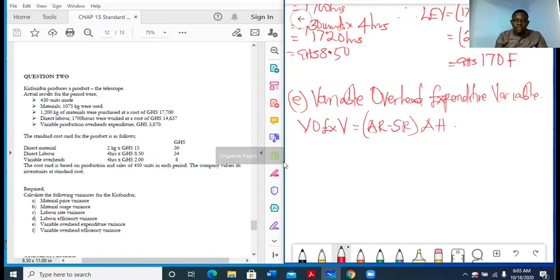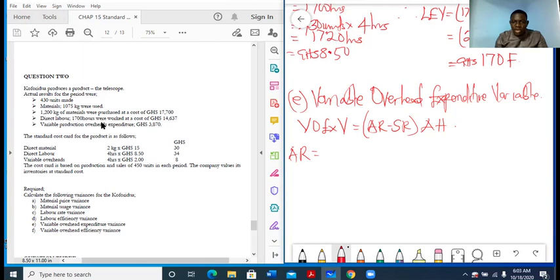Okay, good. So here, let's look at actual rate. Now, we're told that variable production overhead expenditure is 3,870. Now we know that during the period, the total labor hours worked was 1,700 hours.